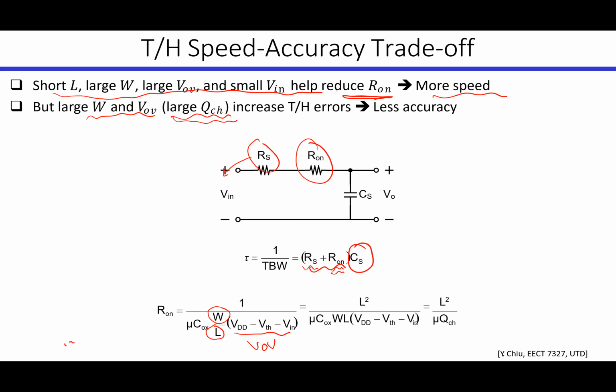You remember from the devices course that when you turn on the transistor and form a channel between the source and drain, charge is stored in that channel. The larger the channel width of the transistor, the larger the charge. And the presence of this charge when the switch closes will cause issues to the voltage that I am storing on the C out, but we are going to discuss them.